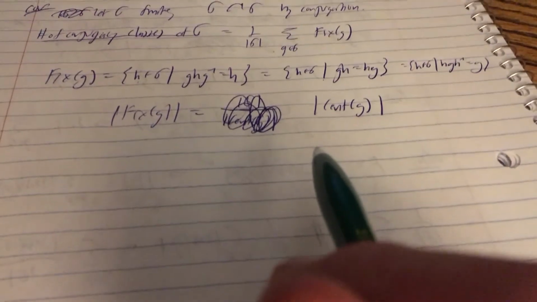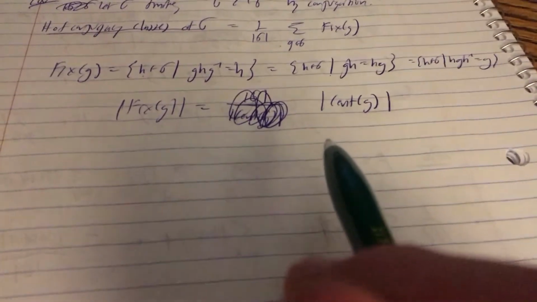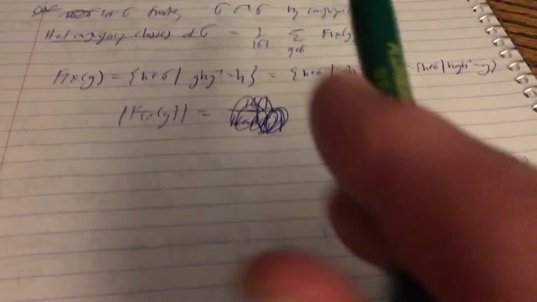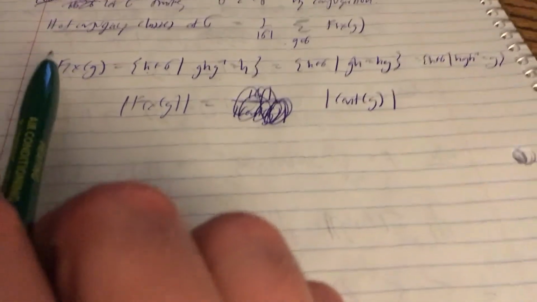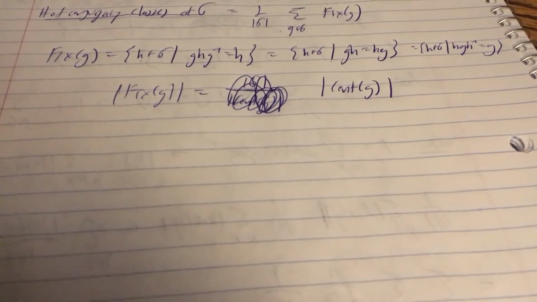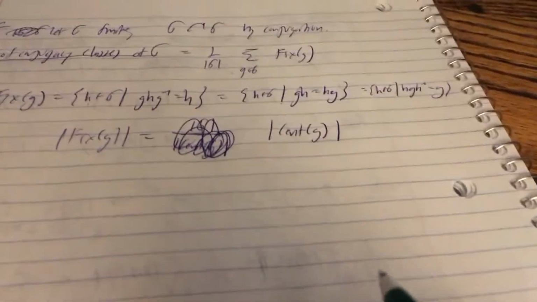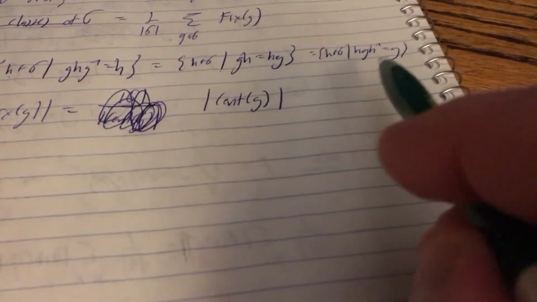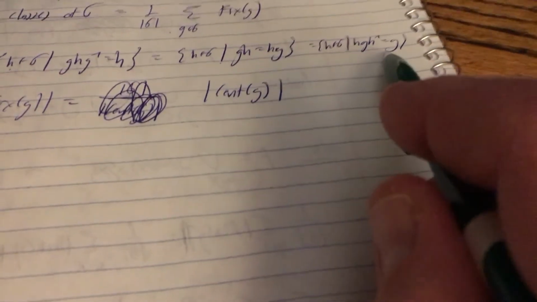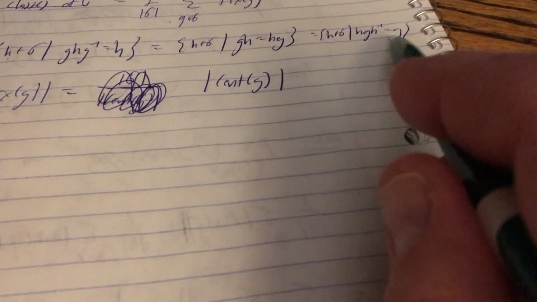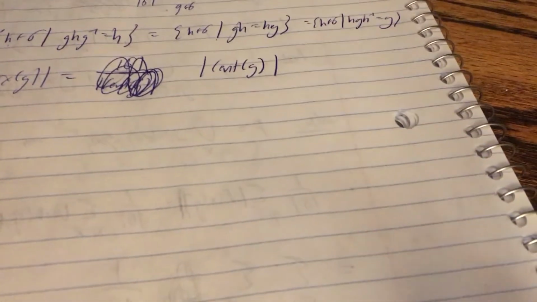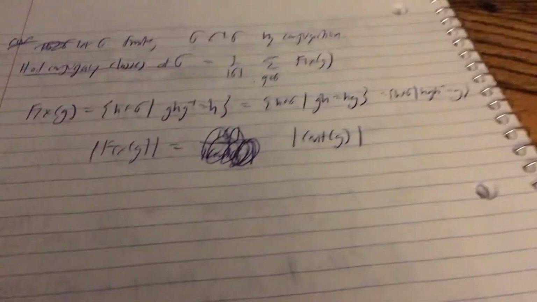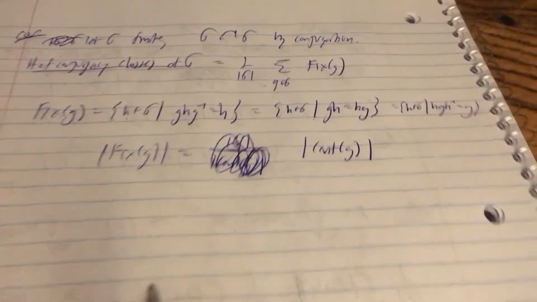If you look at this last one, it's the H in G such that H g H inverse equals g, and so this is exactly the centralizer of G. We'll return to this equation later.